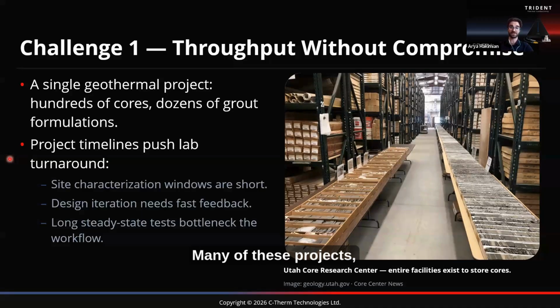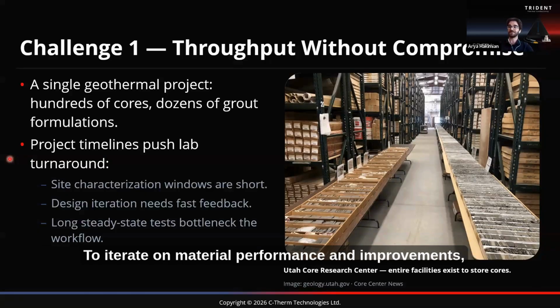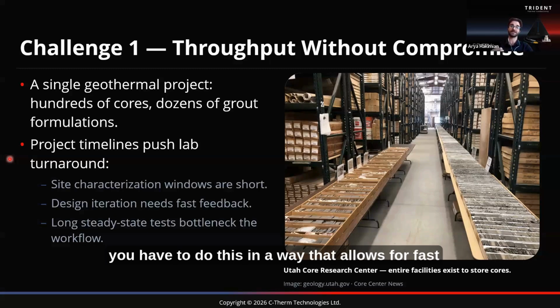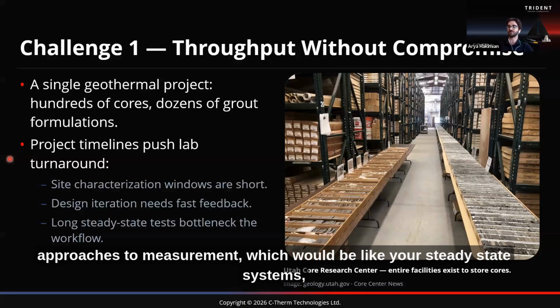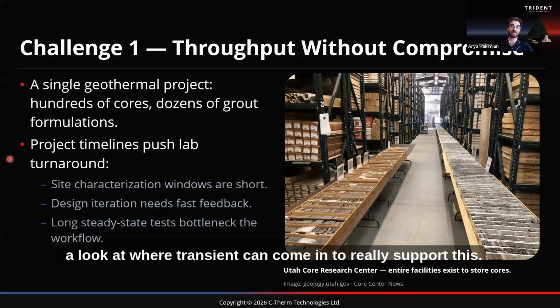Many of these projects, depending on the planning, have short turnaround windows, and to iterate on material performance and improvements, you have to do this in a way that allows for fast feedback. The long traditional approaches to measurement, like your steady state systems, can really bottleneck the workflow, which is why we're going to take a look at where transient can come in to support this.